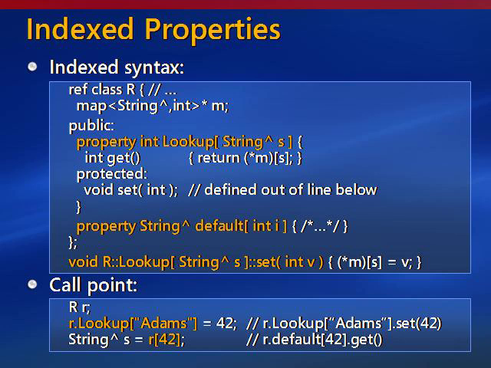Index properties are an obvious feature, making a field look as if it were an indexed collection. And so in this case, you write property as you normally would, and you follow it with the bracket and the argument list. So these are the indexes to that property. You still get a get and a set as the two things.